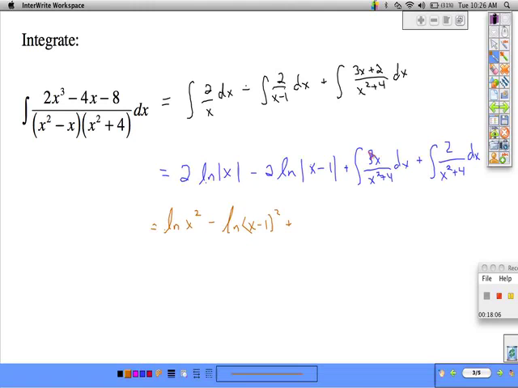If u is x squared plus 4, du is 2x dx, but I have 3x. So what I need is a 2/3 out in front. And this is going to change me so that I have a natural log again. 2/3 times the natural log of x squared plus 4.